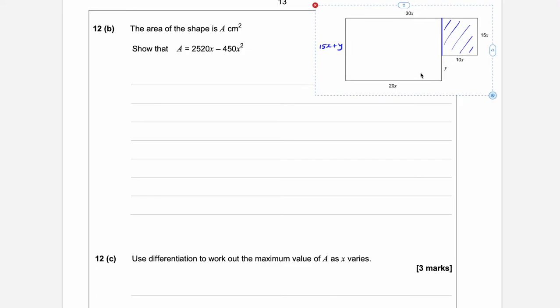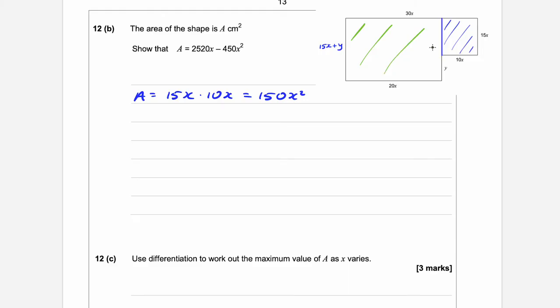Okay, so this blue area here is equal to 15x times 10x, which is 150x squared. That is the blue bit.